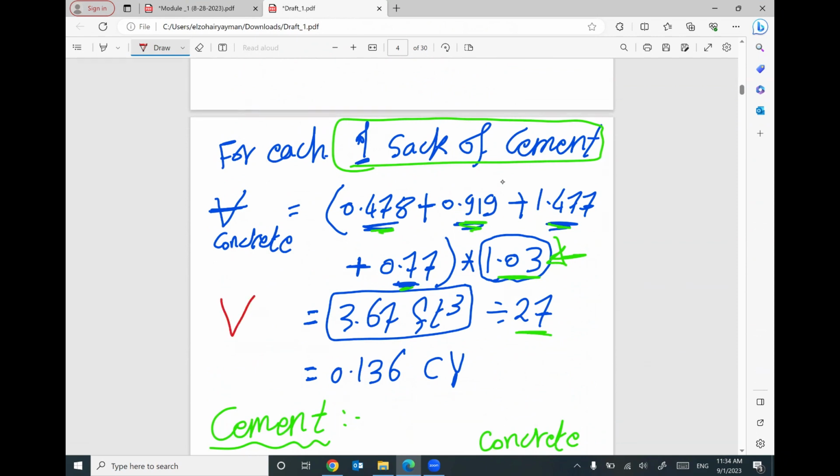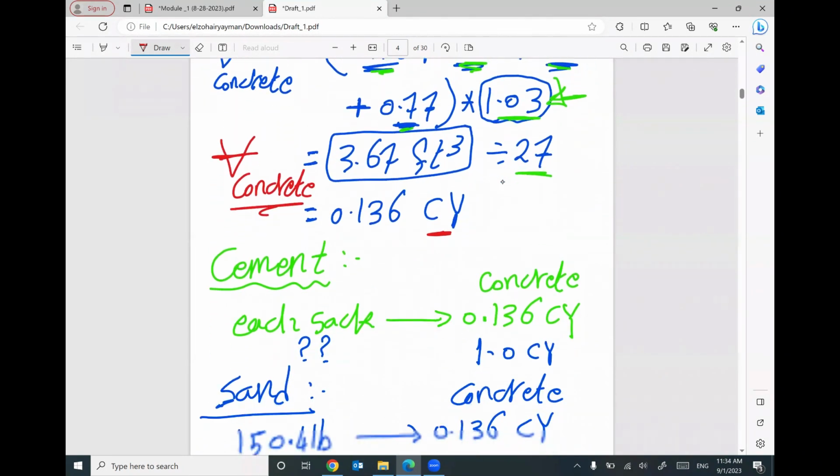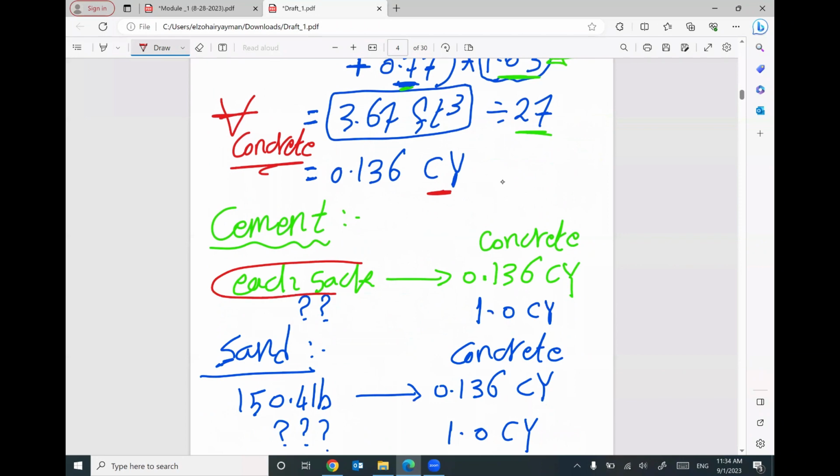Then I can figure out the total volume of concrete that can be produced with this sack of cement. I converted 3.67 cubic feet to cubic yard by dividing by 27.